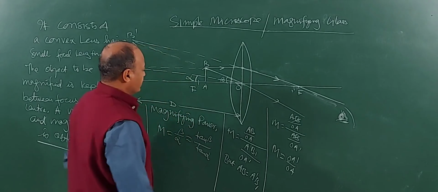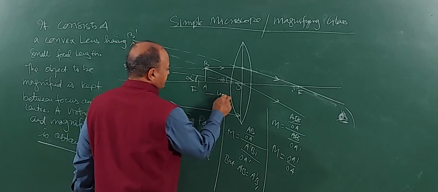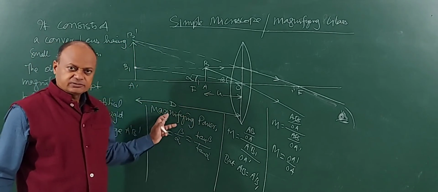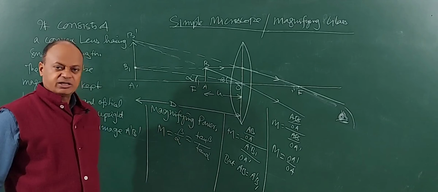So children, what is OA? This is object distance, and both distances are on the left, and distance on the left is taken as what? Negative.